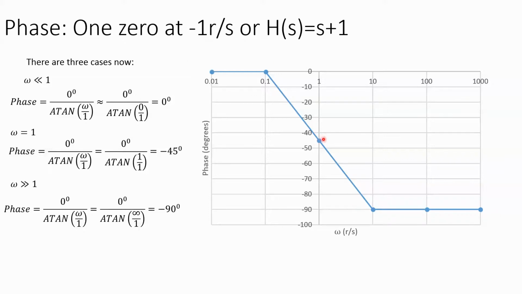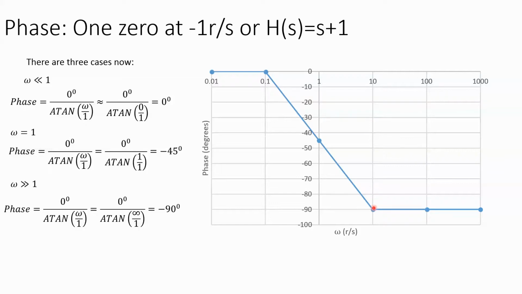So the critical thing to remember is that at the critical frequency, and in this case we've chosen an easy value of it equal to 1, we're at minus 45 degrees because the terms are equal to each other, right? Just draw the vector. At 1/10 the critical frequency, we're still at 0 degrees phase.